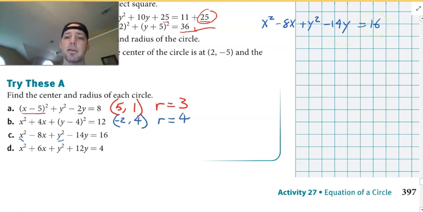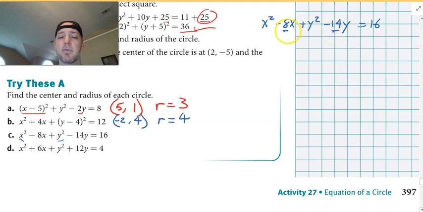Okay, so I do see neither one of these are already in standard form. I don't have x minus h squared. So I do have an x squared and an x, so this could be my b term. I could complete the square here. And I also have a y squared and a y that I could complete the square here as well.